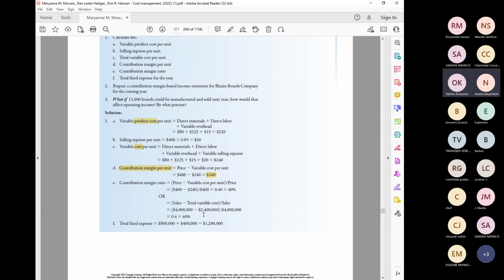So you need to understand these formulas. Price minus variable cost per unit is the contribution, so in short, it's contribution divided by the price per unit. The contribution is 160, 400 minus 240, divided by 400, the price, which gives 0.40. That's the contribution margin ratio.